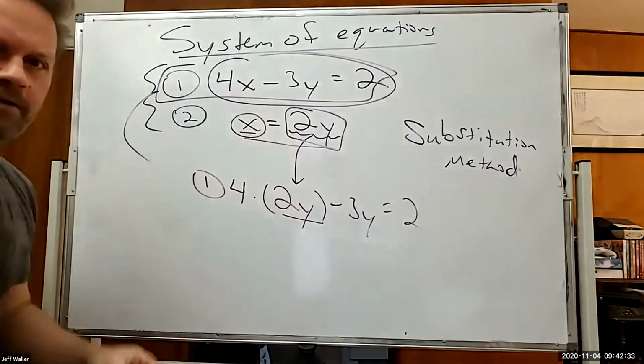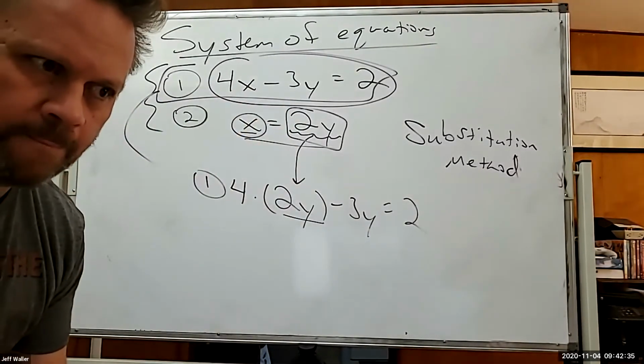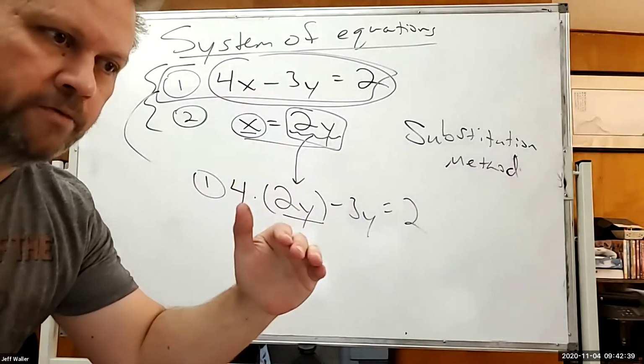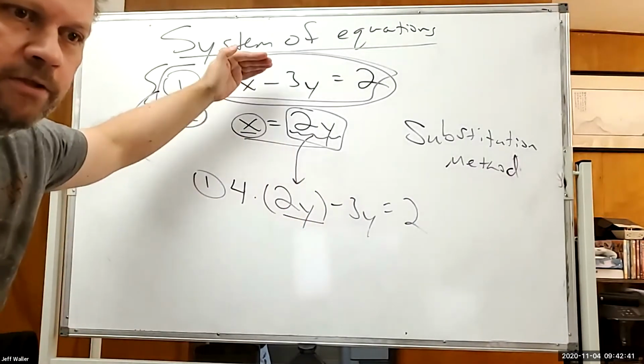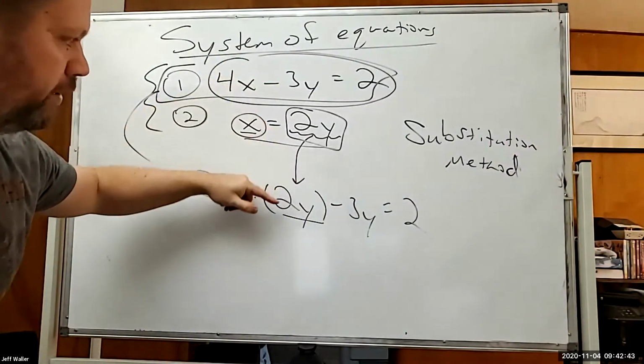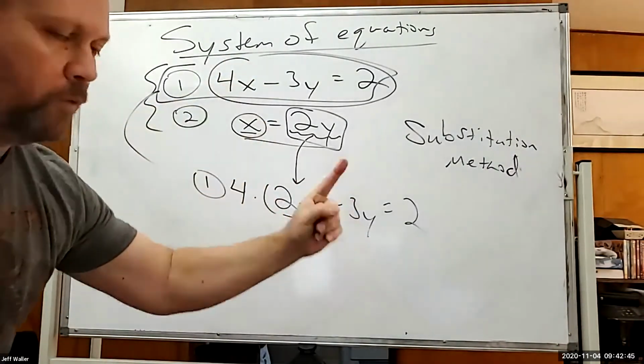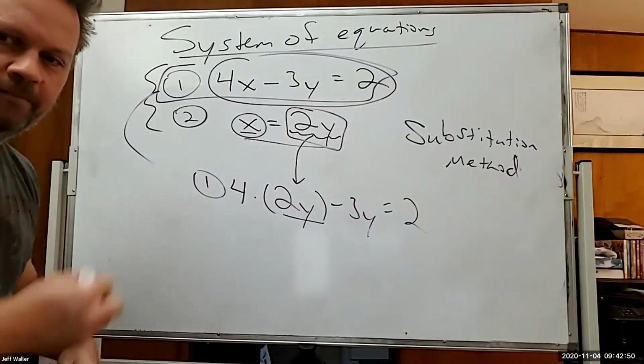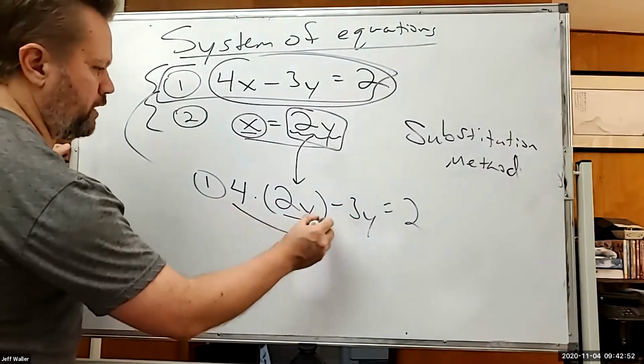How many unknowns do they have? Two. The number of unknowns is too high in these two equations. If I write this one, there's only one unknown. Can you solve for y? Yeah, what's 4 times 2y? It's 8y.